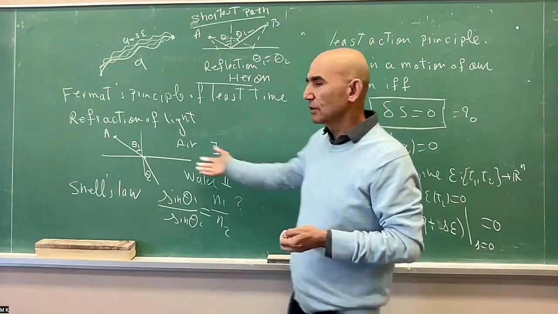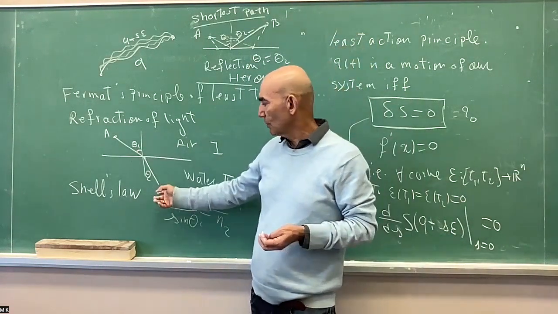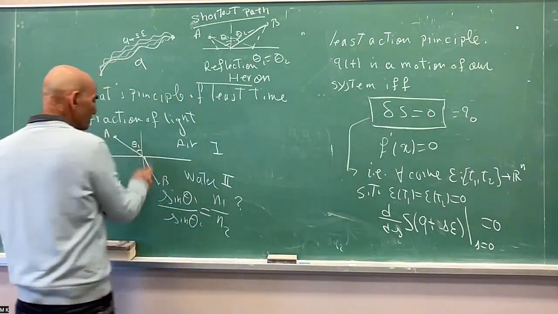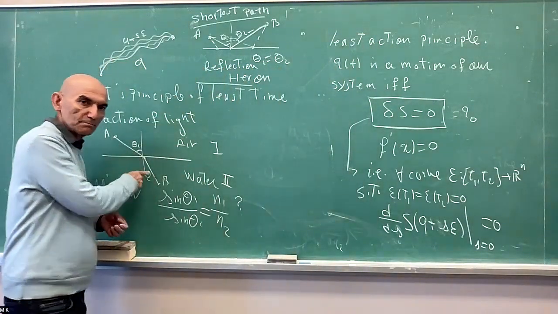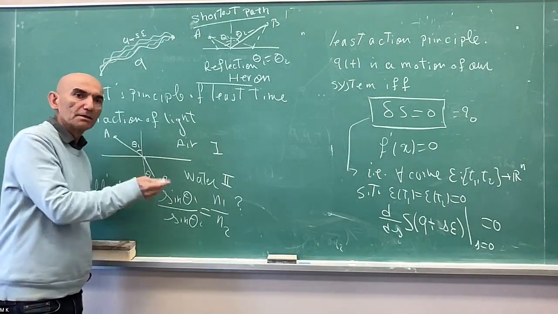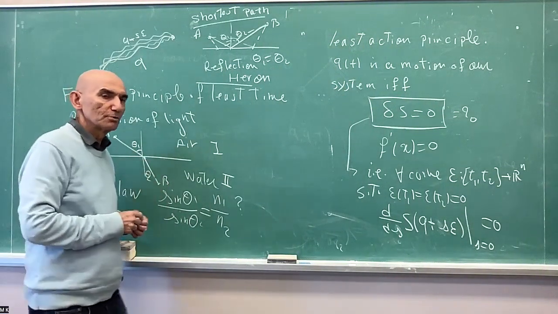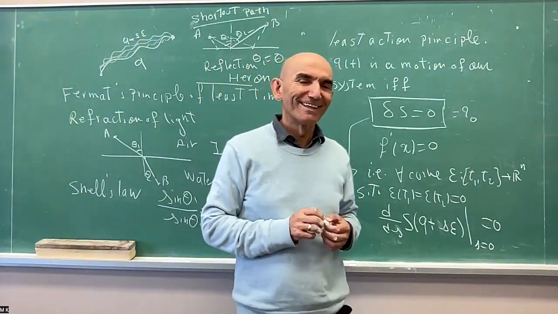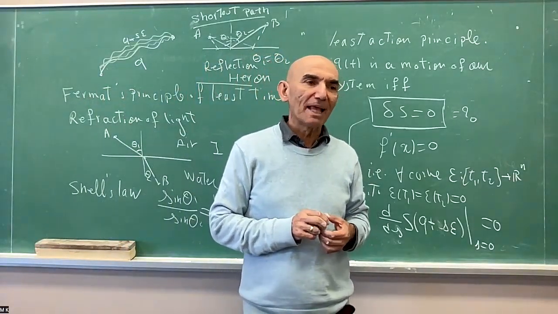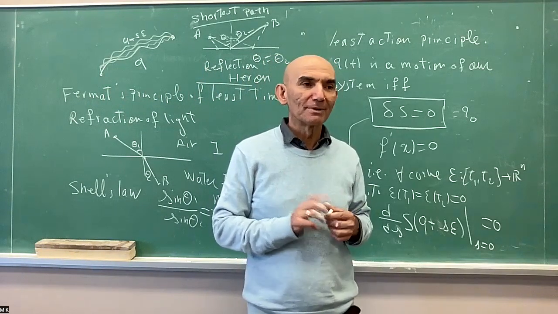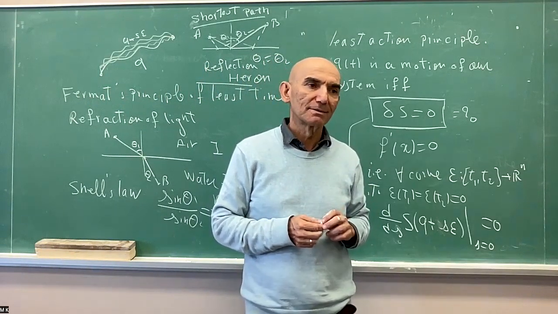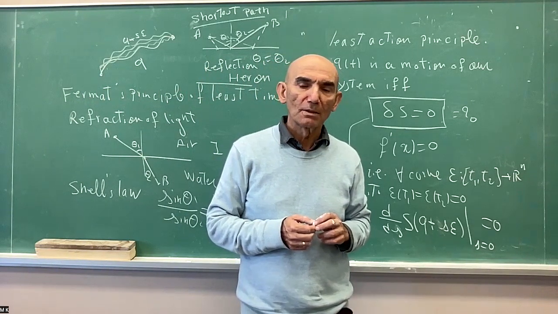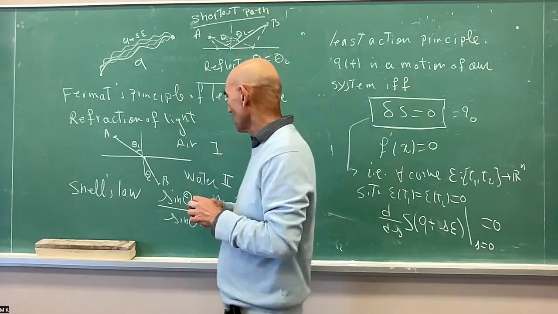And so it was natural to guess that in this case also, if you want to go from A to B, perhaps this is going to be the shortest path. And then you try to do this. But it turned out that this is not true, actually. What is at stake is shortest time, not shortest path. And this was quite a revelation.